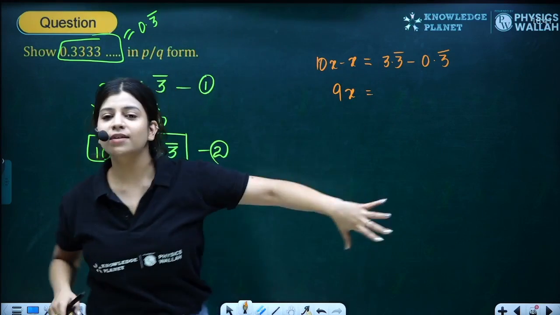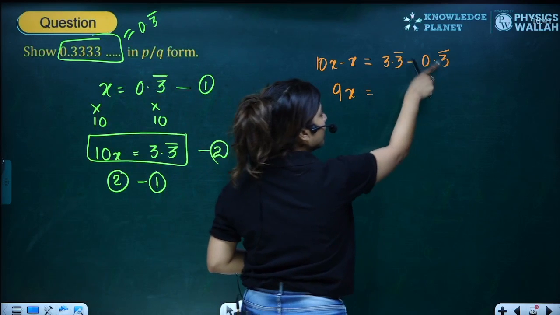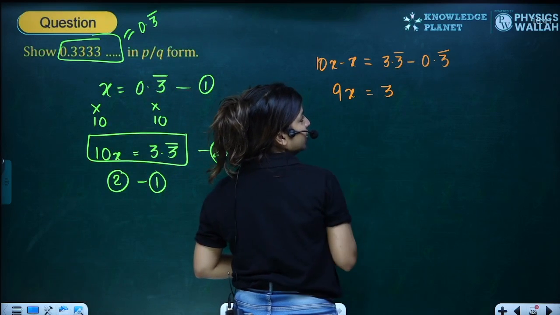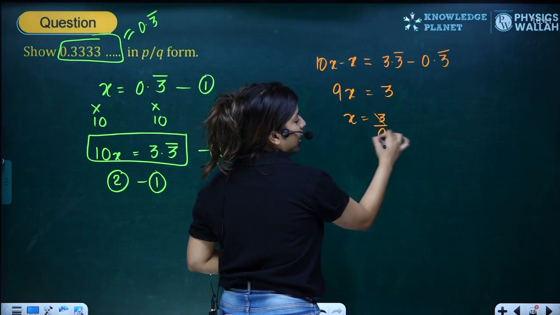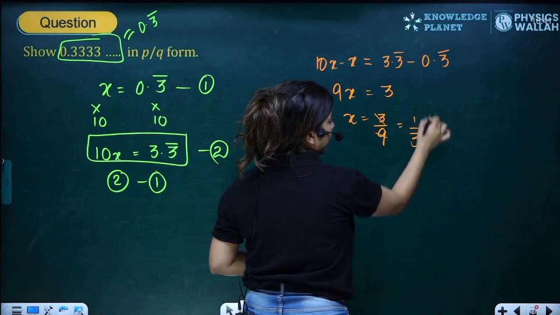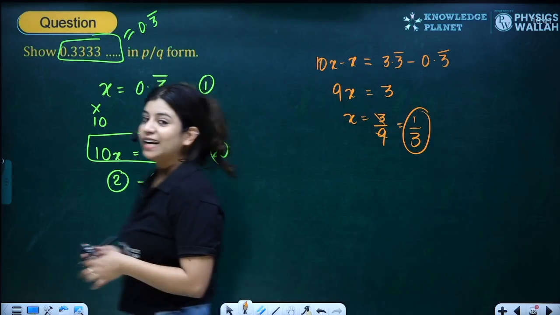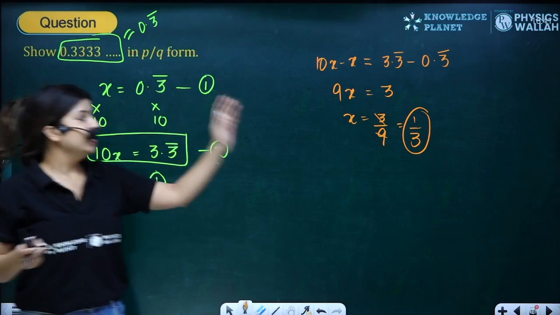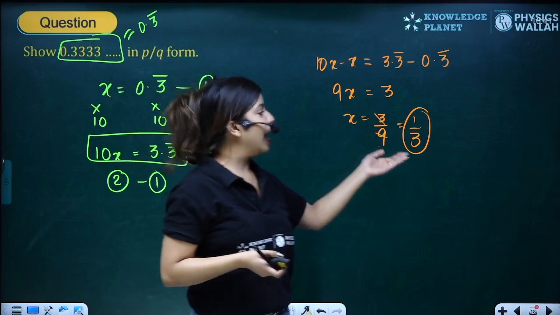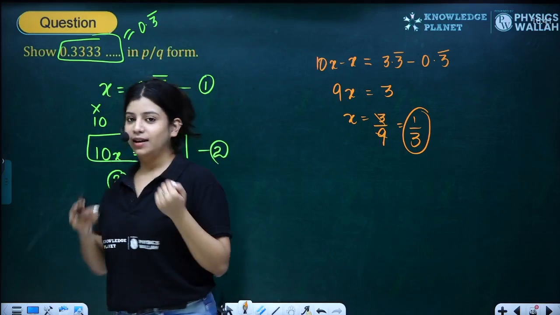So those 3s will get cancelled out. We will be left with only 3. So x will be equal to 3 by 9 and that will give you 1 by 3. So basically 0.333333 endlessly can be written in the form of p by q as 1 by 3.